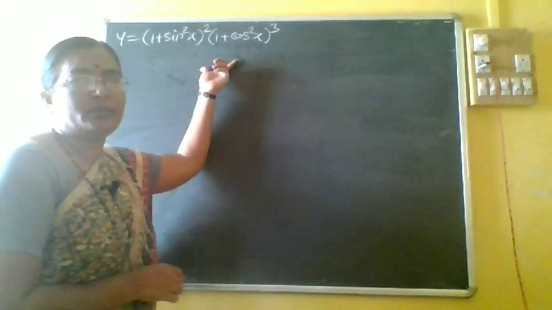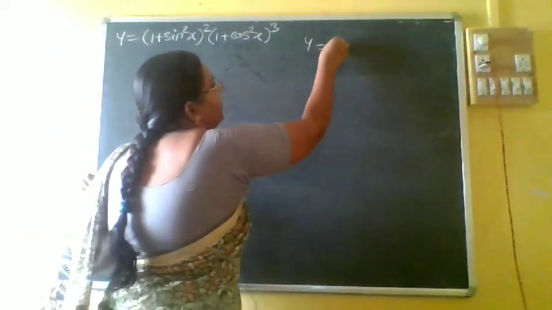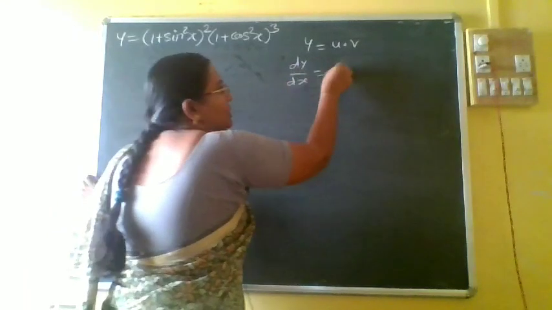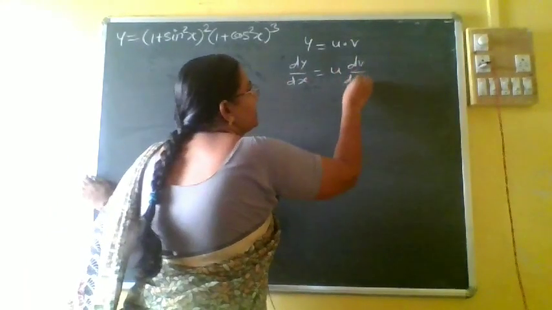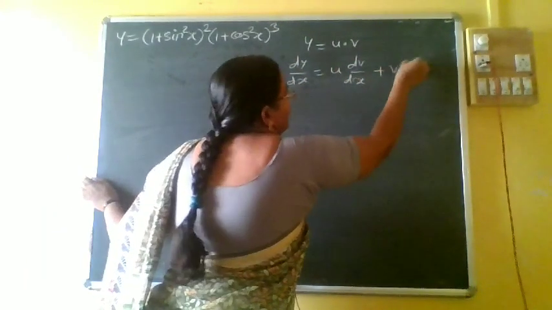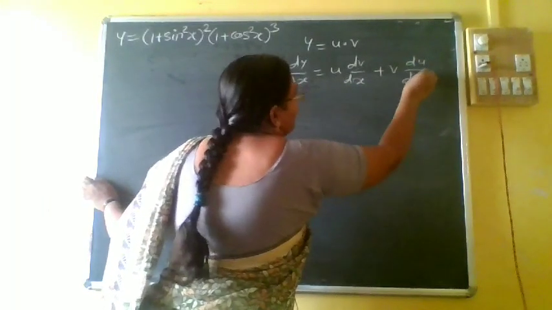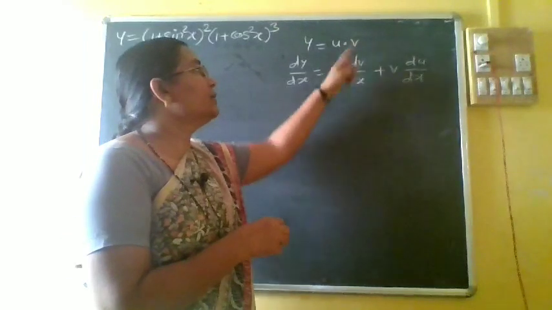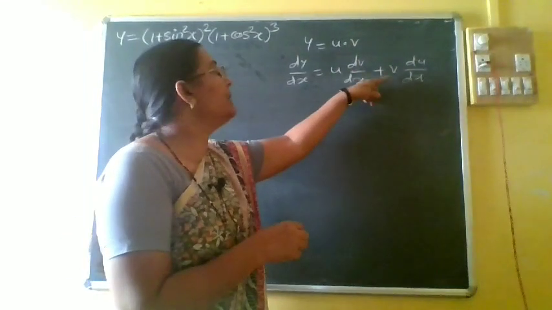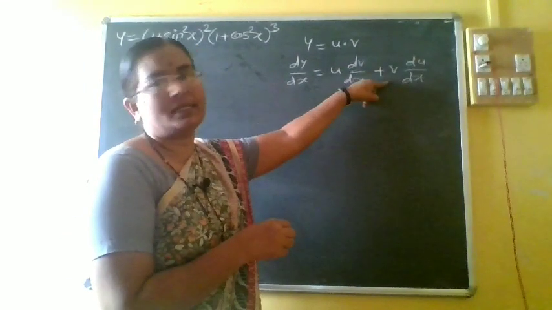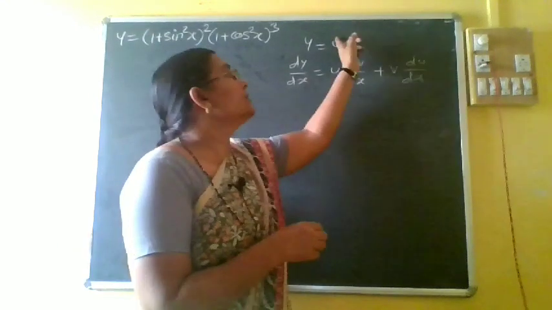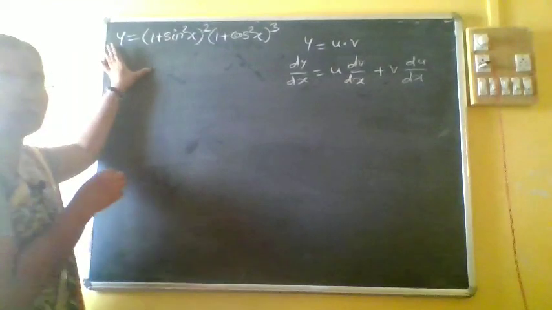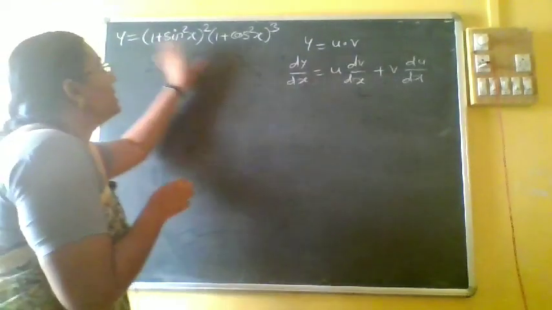And what is the u into v formula? y is equal to u into v, dy by dx is equal to u dv by dx plus v du by dx. First function keep as it is, take the derivative of the second function, plus the second function keep as it is, take the derivative of the first function. We have to use this formula for this.